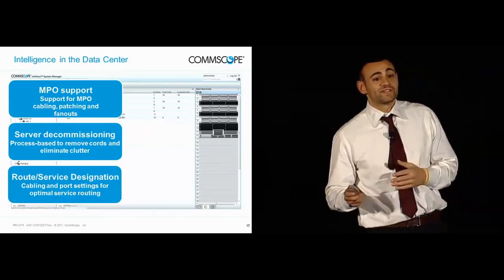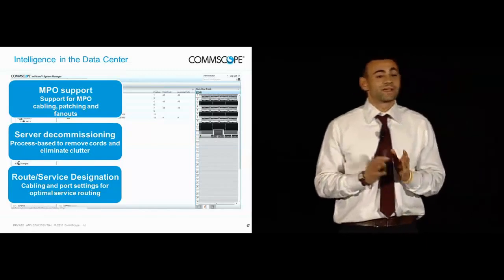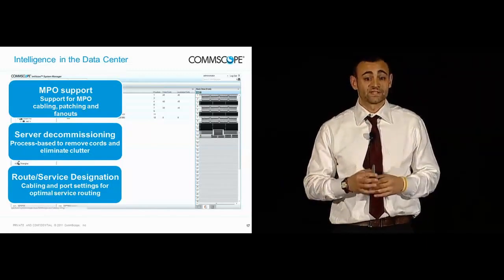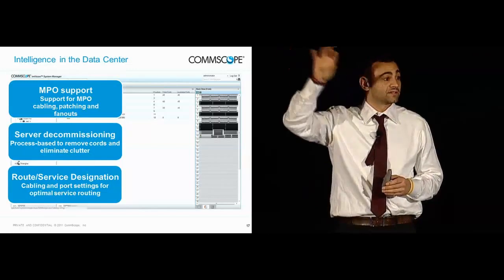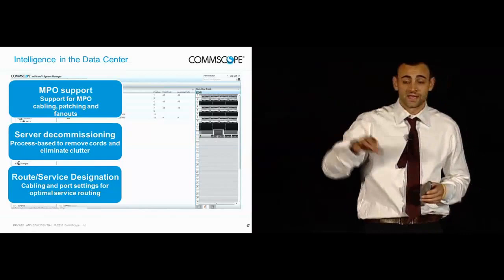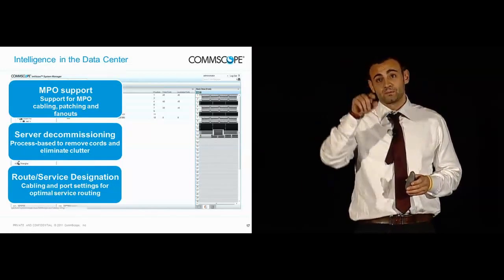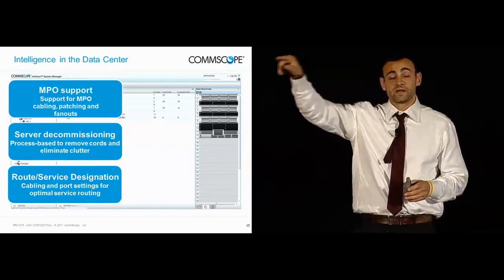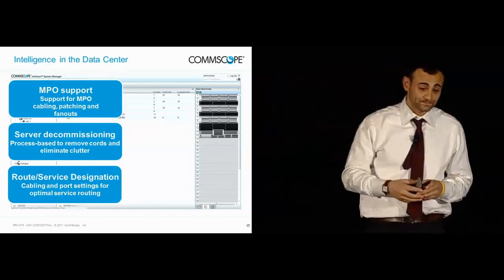So route and service designation, right? We can deploy cabling channels in one of two ways. We can say, I have a service that I need to deploy. It's a LAN service, it's a SAN service, it's a backup service. I need it to go from point A to point B, and I'll let the system figure out the points in between.